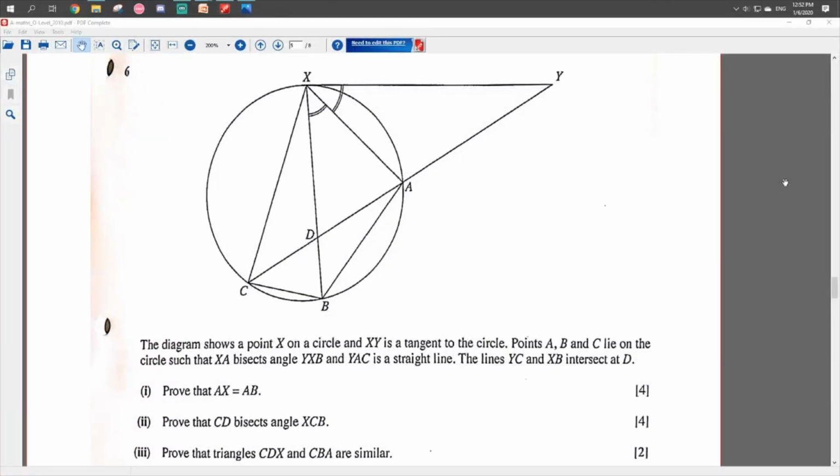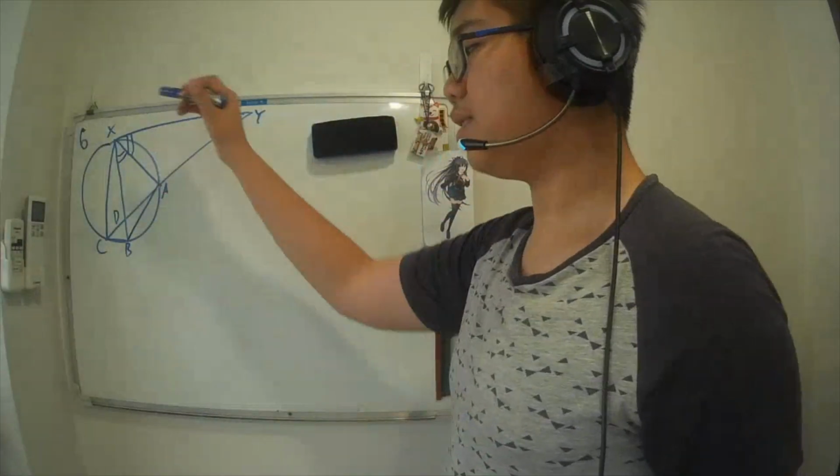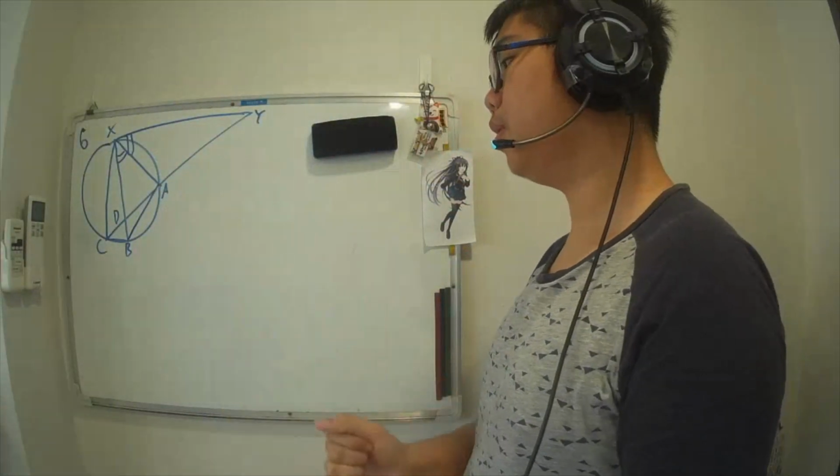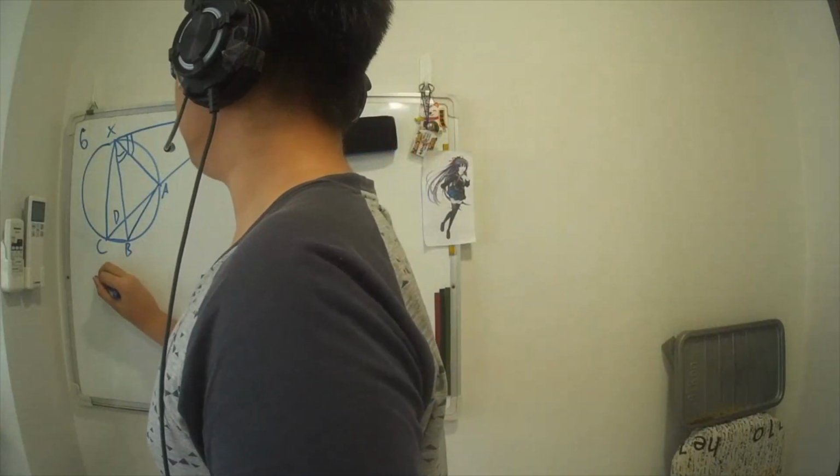Part 3 is also quite simple. In fact, part 1 and 2 were quite simple already. Prove that triangles CDX and CBA are similar. So CDX, CBA. Let's start with the angle.